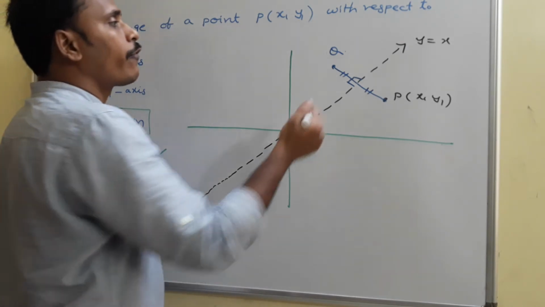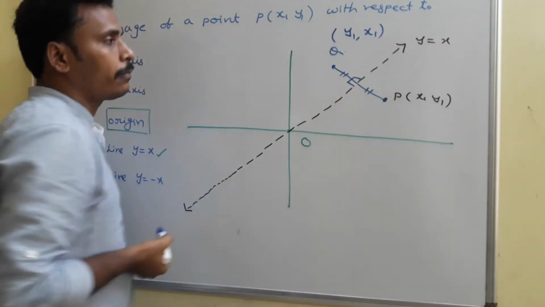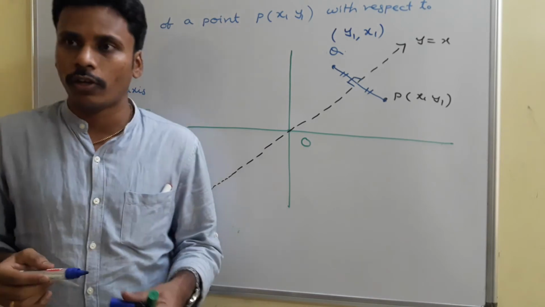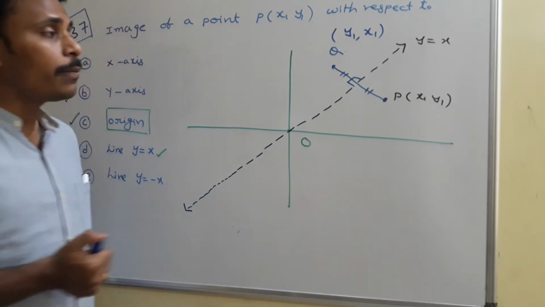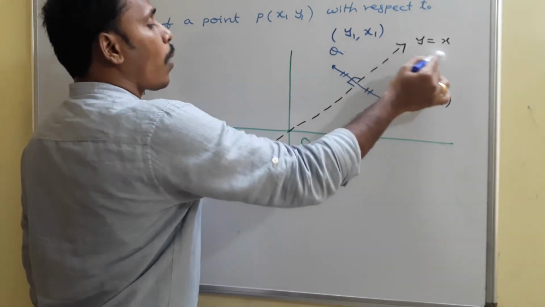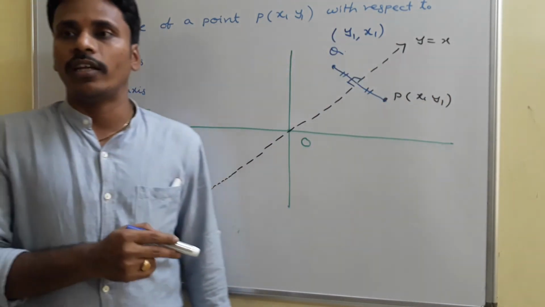The coordinates of Q are just (y1, x1). If P (x1, y1) is a point, then its image with respect to the line y = x is (y1, x1). Check whether it is right or wrong.